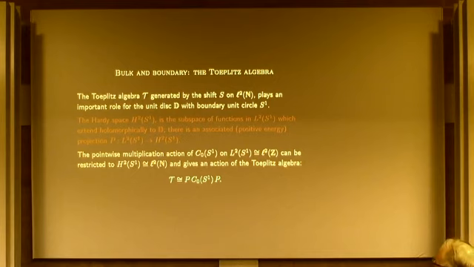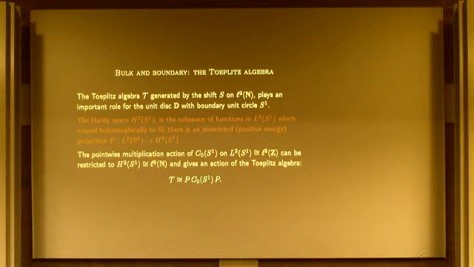There's another way of thinking of the Toeplitz algebra, which you can get by looking at the unit disk. It's got a boundary circle, and then there's a Hardy space of functions on the circle, which is the subspace of functions which can be extended holomorphically into the disk.